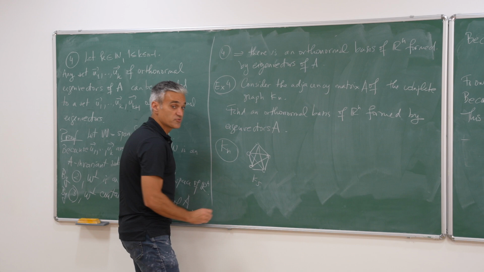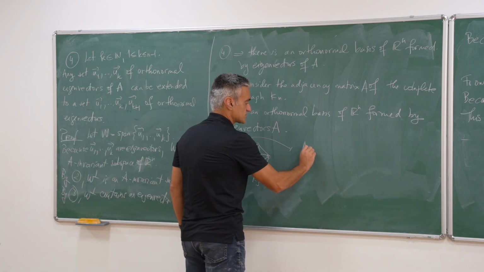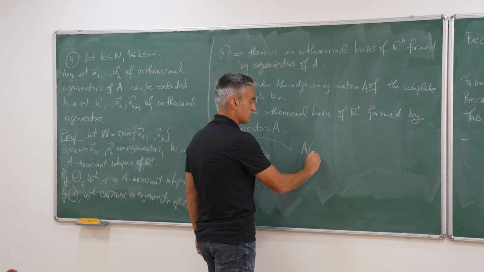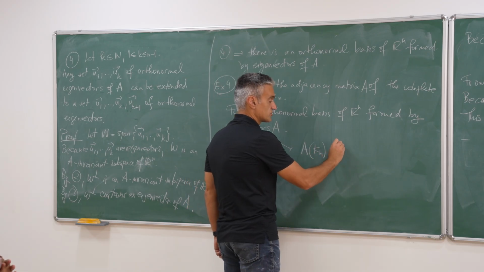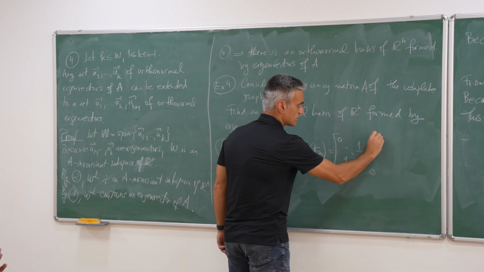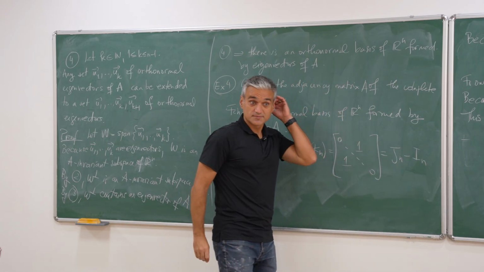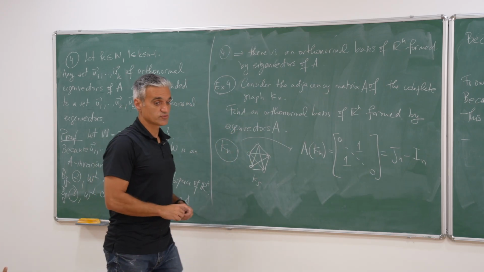So here this is K5. And the adjacency matrix of Kn is going to be 0 on the diagonal and 1 everywhere else, the same thing as the all-1 matrix minus identity. So just something for you to do.